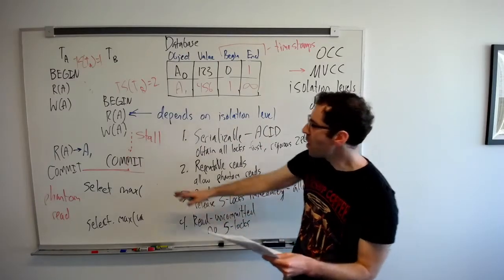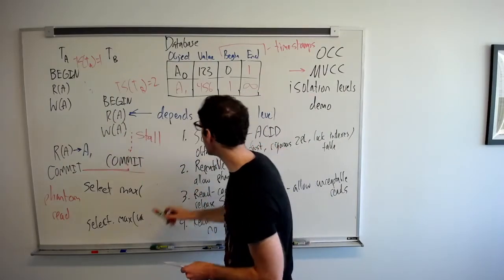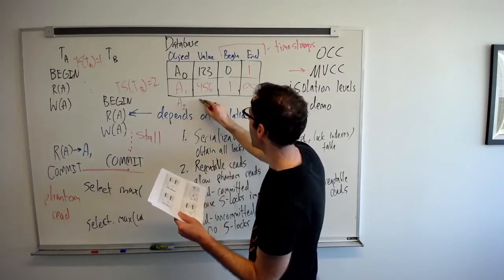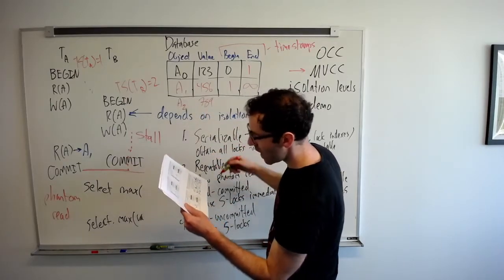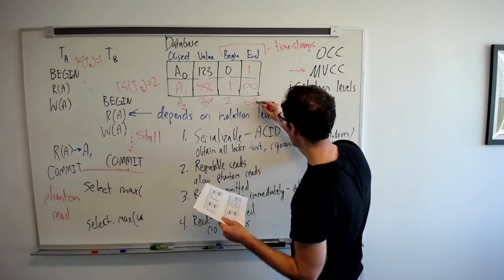And finally, when we actually allow this write to happen, we would get another version of A789, and we'd set it, and we'd update the timestamps as well.